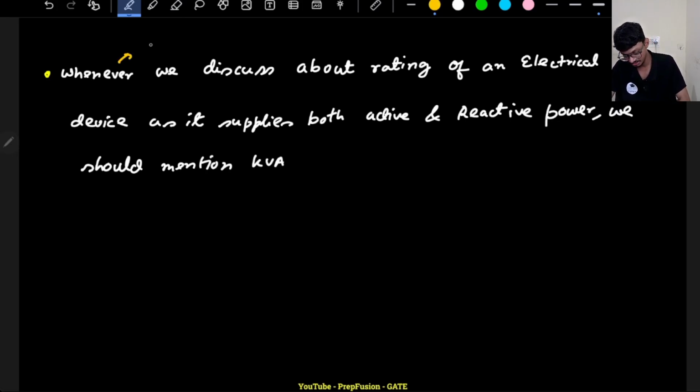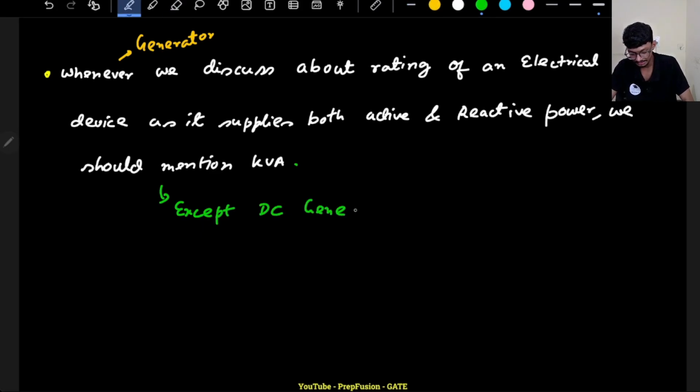So this is for a generator. I'm discussing this for a generator, because a generator is an electrical device, and at the output I am getting an electrical output. Except for the DC generator. Why? Because DC generator gives DC output.